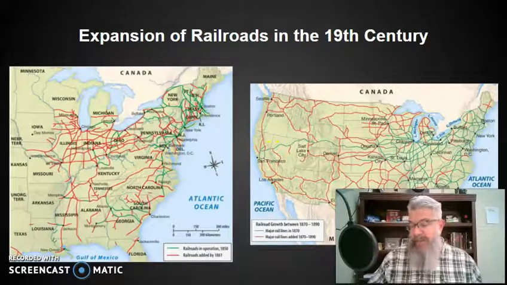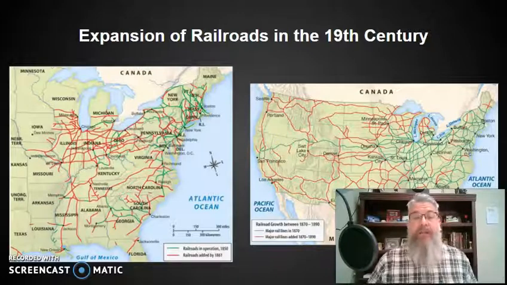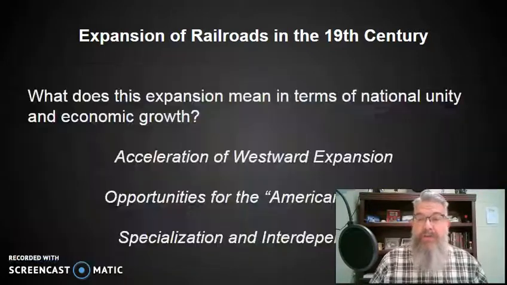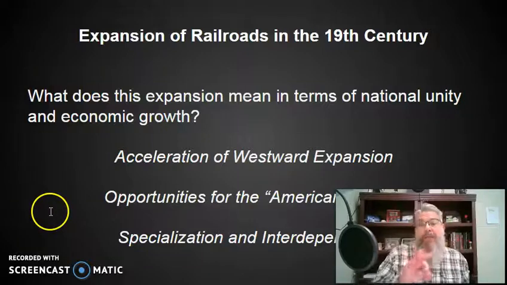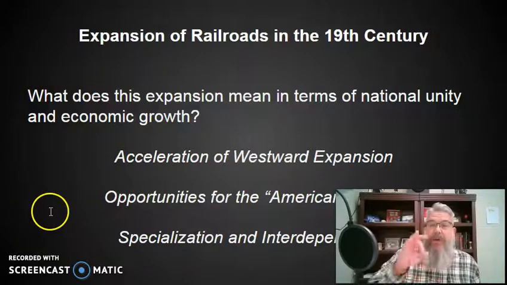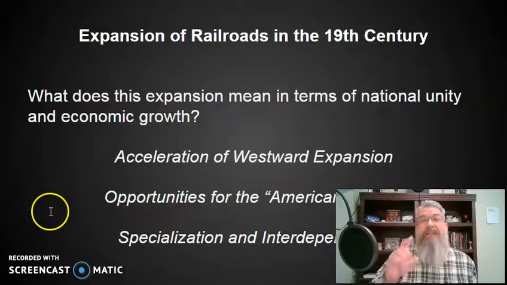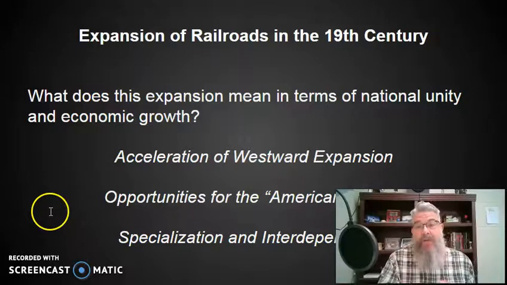So what does that mean for Americans moving out west? Well, three big things, right? This expansion of railroads leads to a national unity that didn't exist before, and economic growth potential that didn't exist before, right? First, it helps accelerate westward expansion, right?